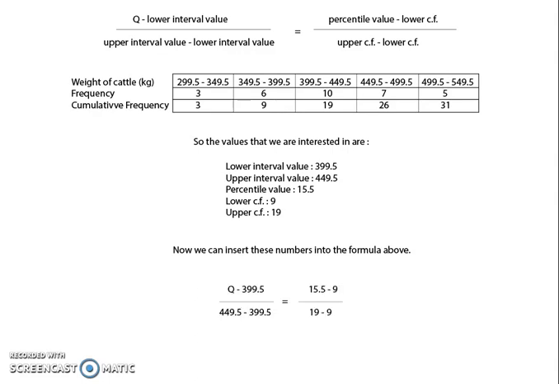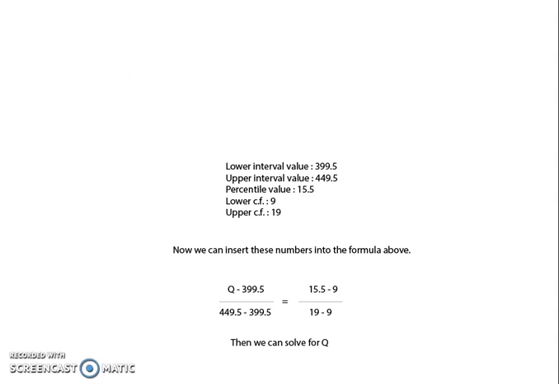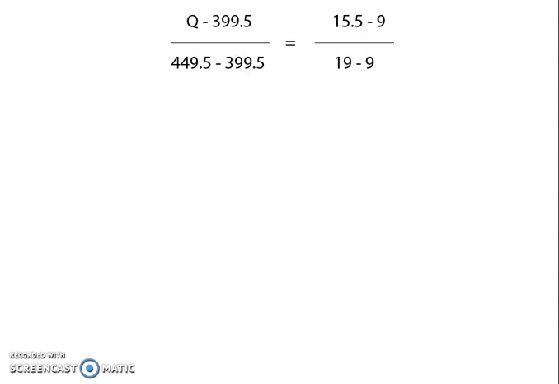So, we have inserted the numbers in so that it is Q minus 399.5 over 449.5 minus 399.5, and it's equal to 15.5 minus 9 over 19 minus 9. Now we can simplify and solve for Q. There we go.